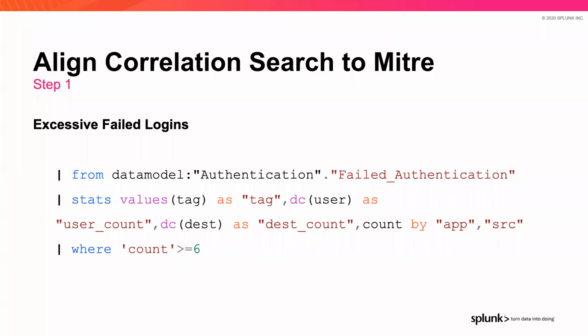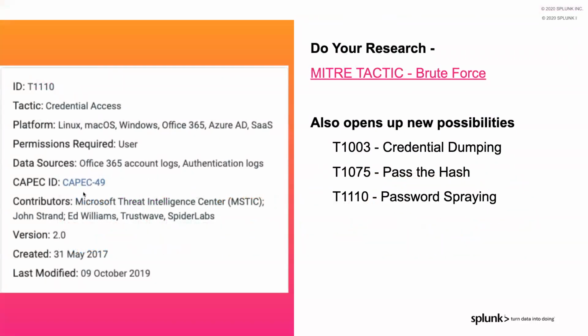How do we align that to MITRE? Well, the first thing you want to do is do your research. This is a screenshot from the MITRE tactic for brute force, which most closely aligns with the failed authentication. When we start doing our research, we discover other tactics and techniques that we might be interested in: credential dumping, passing the hash, password spraying.